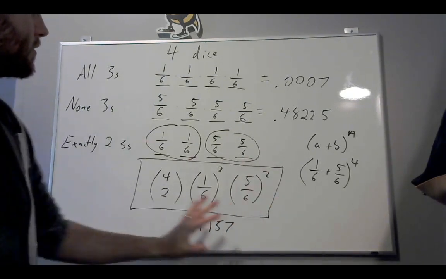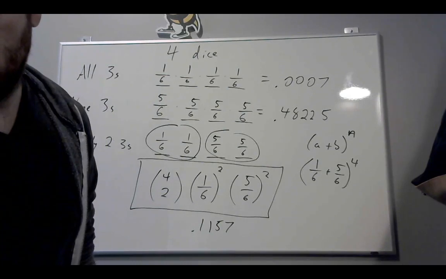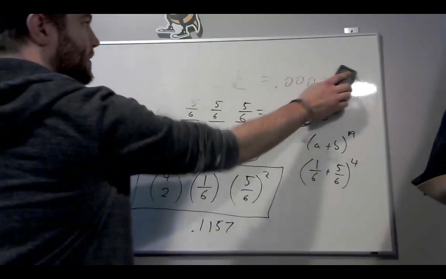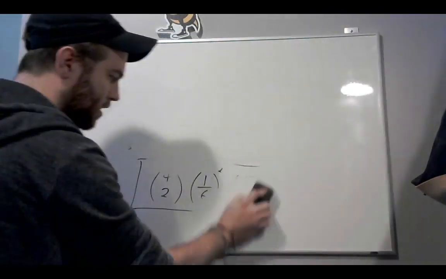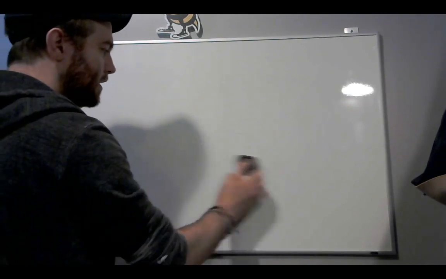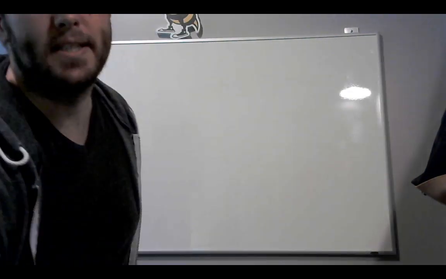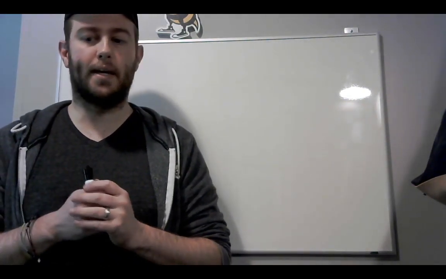So here is the math that we're going to be doing today. The idea behind this binomial distribution probability is that we want to think about things as being a success or a failure.